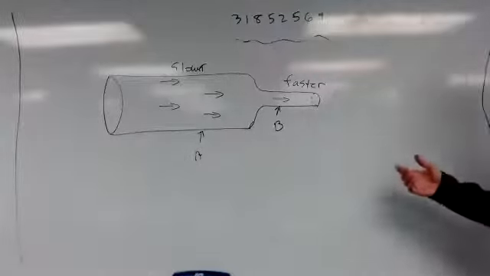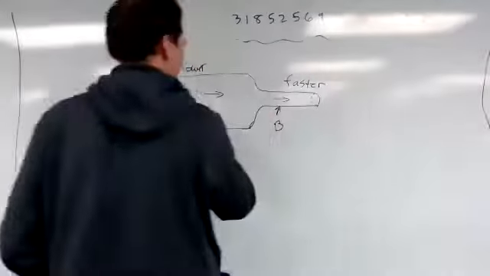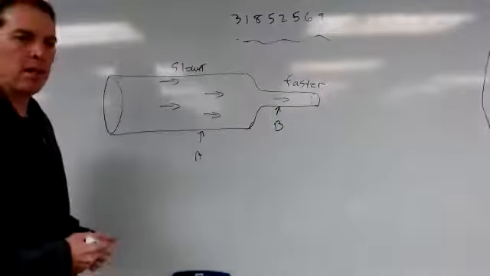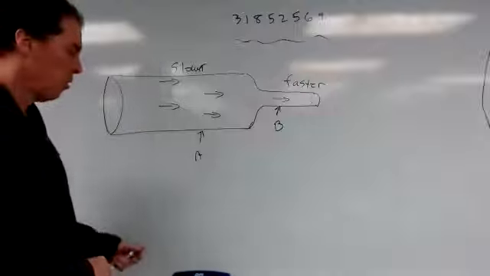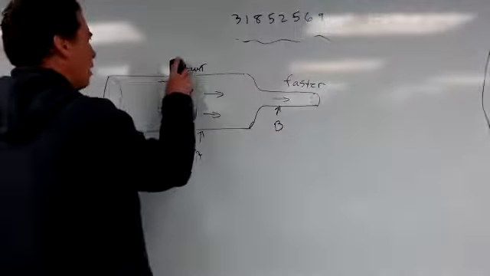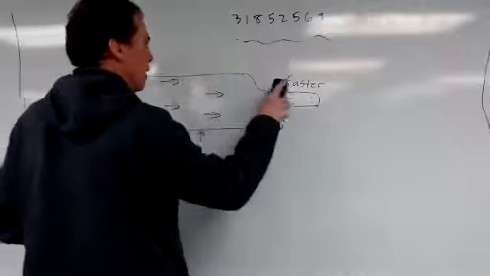So we've addressed the question of where it's faster, and now the question is how much faster. And so this is where we have to talk a little bit about what's actually happening here.